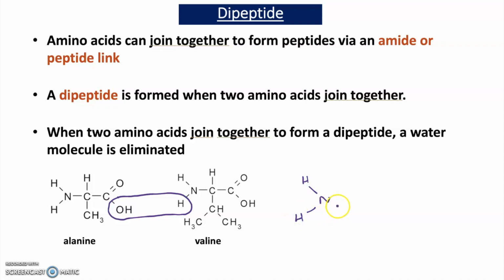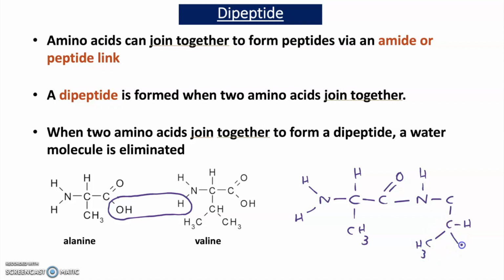So we're going to have NH2 bonded to a carbon, bonded to a H, bonded to a CH3, bonded to a C double bond O. Now the OH has been eliminated, so the C double bond O is now bonded to a nitrogen with just one hydrogen on it, and that's an NH from valine, and I'm going to put in my other groups. So I've got a CH, a CH3, a CH3 here, and then this is bonded to a carbon next to a hydrogen and a C double bond O, OH.